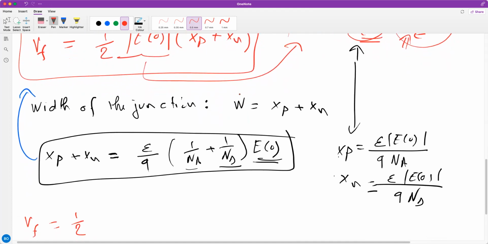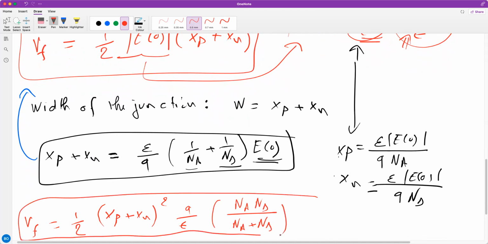All I did was replace E0, XP and XN by their values. I will get this squared Q over epsilon, and then NA ND over NA plus ND. This is another formula for the built-in potential.